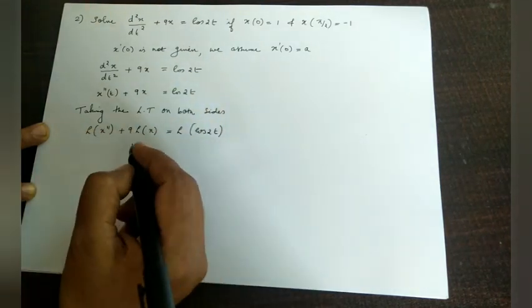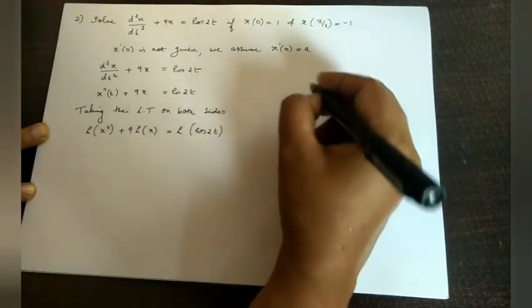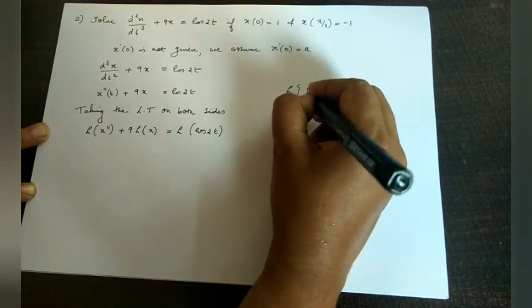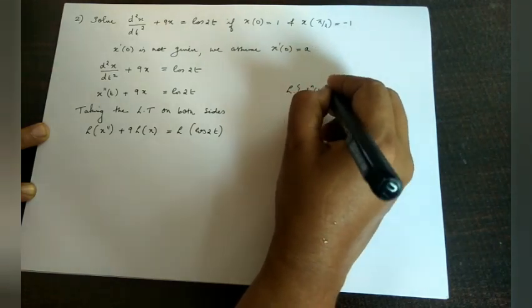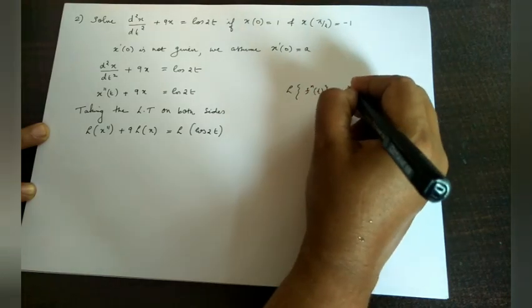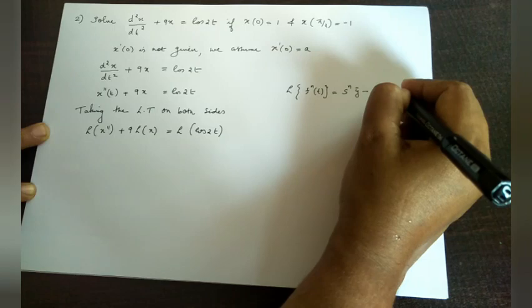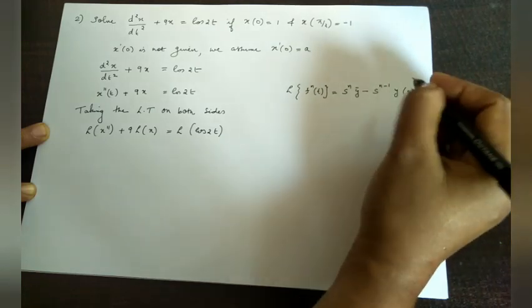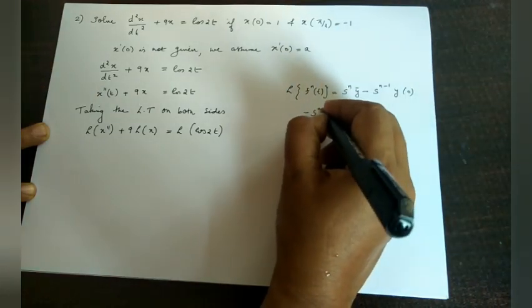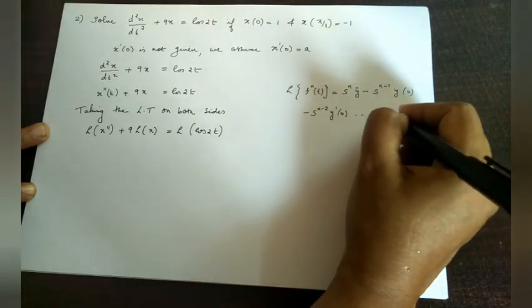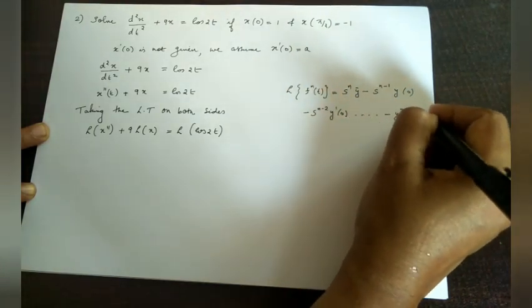Here we will apply the formula: we know that the Laplace transform of y^(n)(t) is s^n y bar minus s^(n-1) y(0) minus s^(n-2) y'(0), etc., minus y^(n-1)(0).